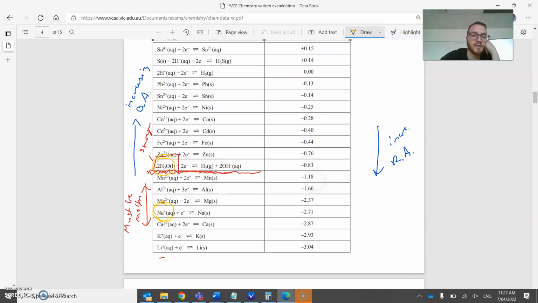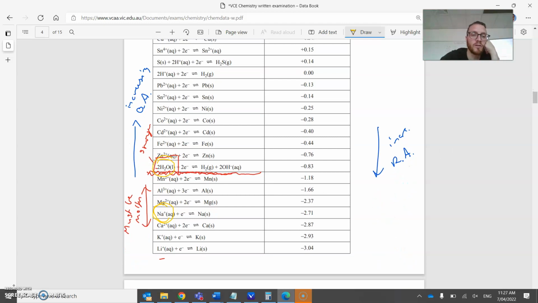If we look at just the difference between sodium and water, water is a stronger oxidizing agent, so it will preferentially reduce. Reduction occurs at the cathode, so at the cathode we have the formation of hydrogen. We'd also notice a pH increase due to hydroxide ions being formed at the cathode.